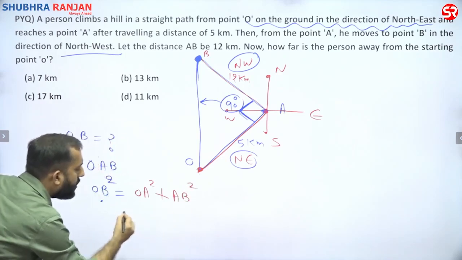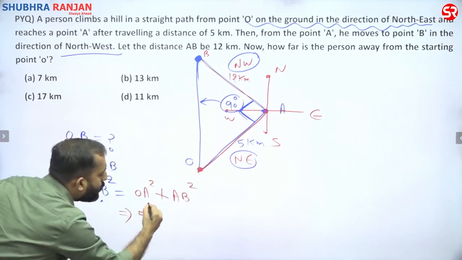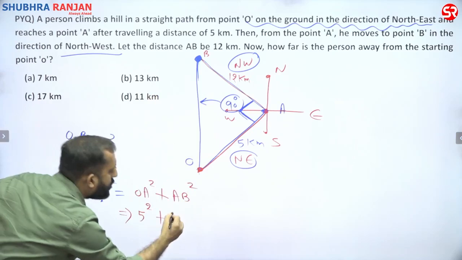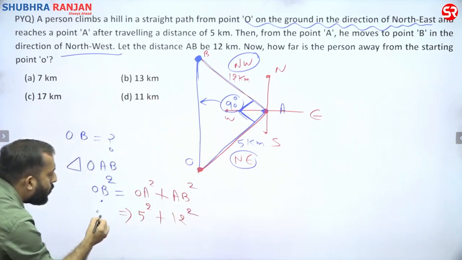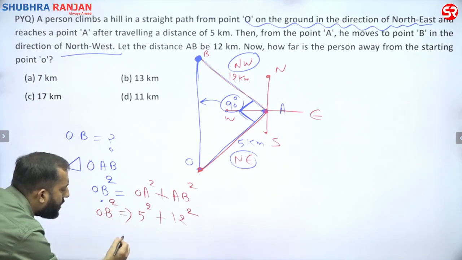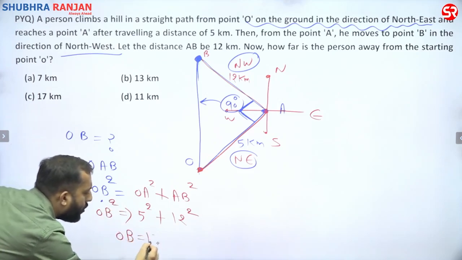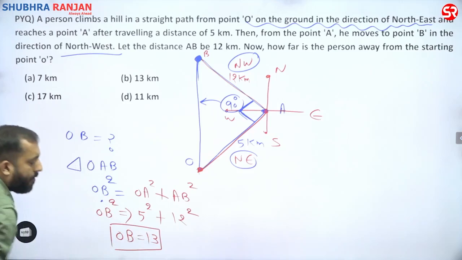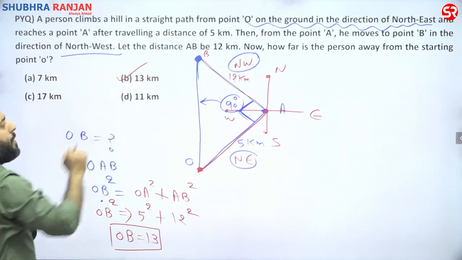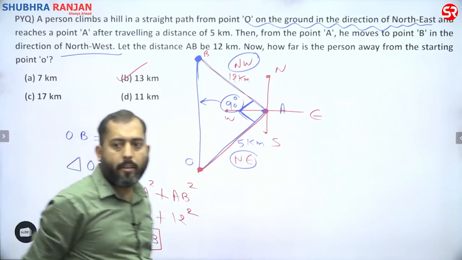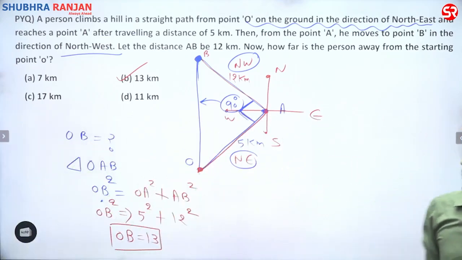So OA square means 5 square, and AB square means 12 square, and this equals OB square. If you solve this, OB comes out to be 13. So the answer has to be option B. Clear?